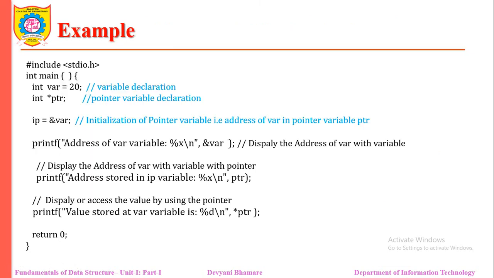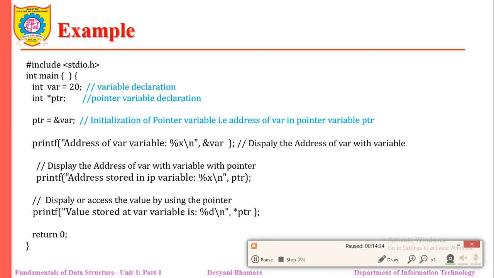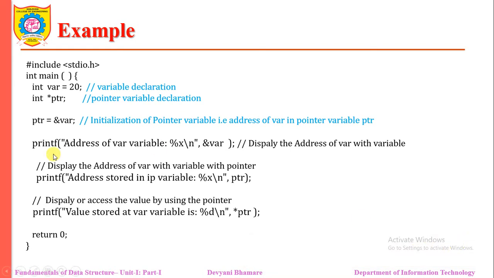So this is another example of a pointer. Here we are displaying how we declare the variable. This is the pointer declaration. Here we have done initialization. Here we are saying that PTR is equal to address of x, so PTR is pointing to the variable var.